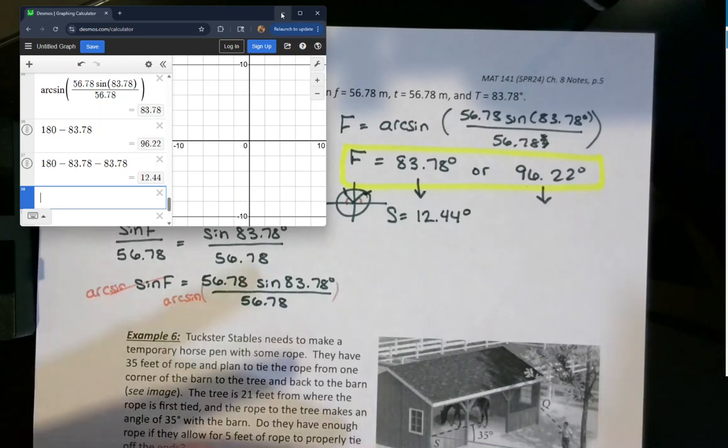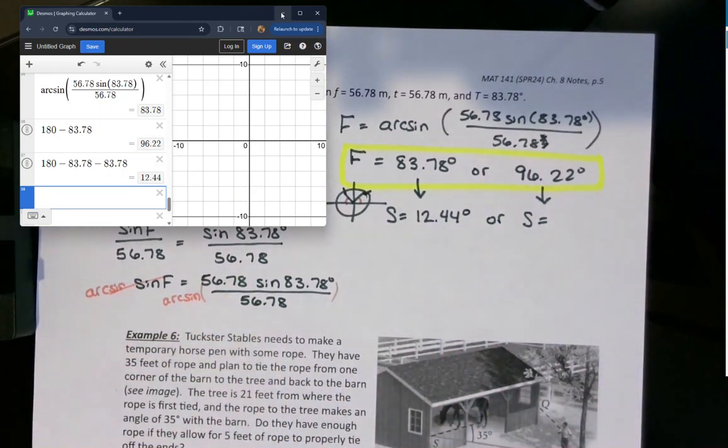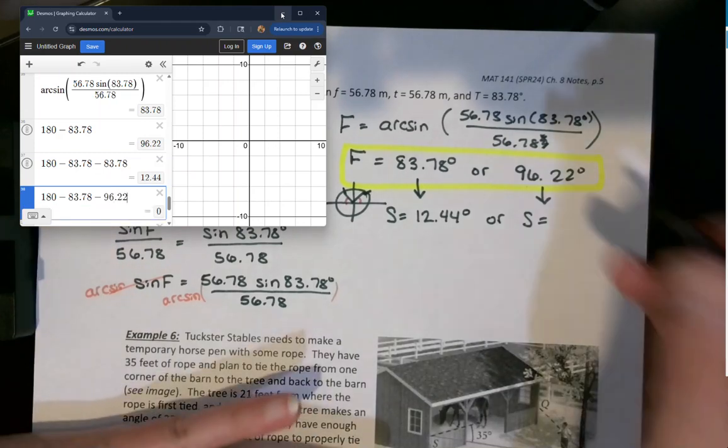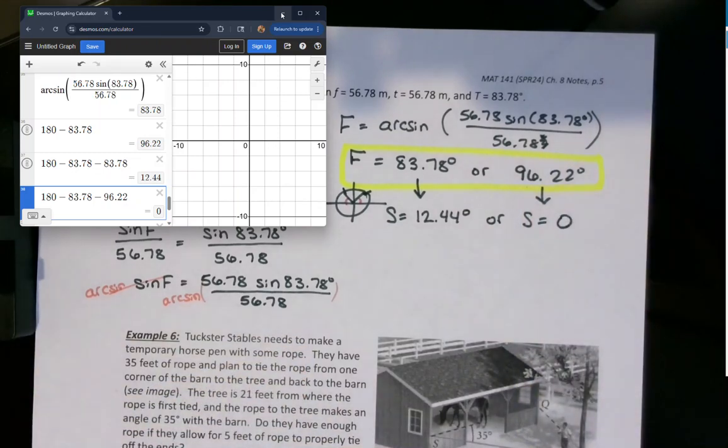With the other option, 180 minus 83.78 for angle T minus 96.22 for angle F would give me 0 for angle S.